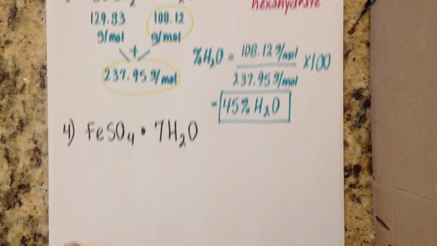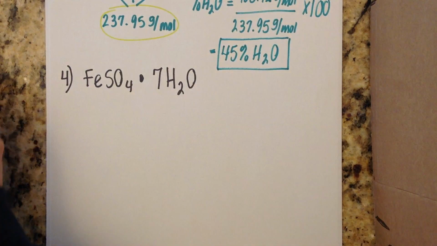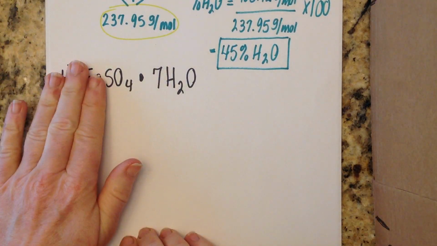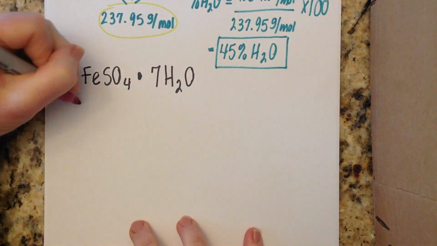And now for the very last one. Again, we have a transition metal in this ionic compound, so we are going to have to use our stock method, meaning our Roman numerals. When I look at this, I have 1 sulfate to 1 iron. Because it's a 1-to-1 ratio, and I know sulfate has a -2 charge, that has to be iron 2, because remember, Mother Nature wants to balance those charges out.